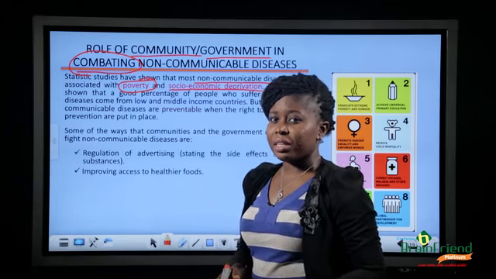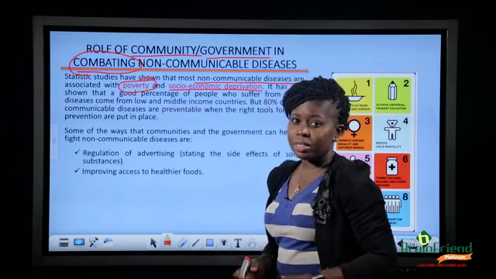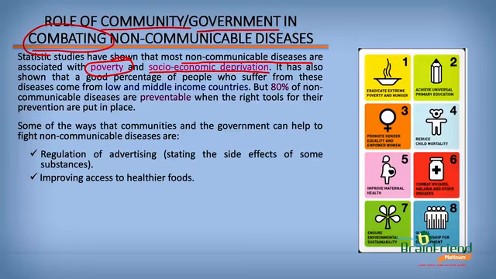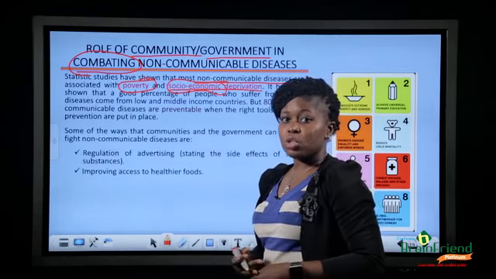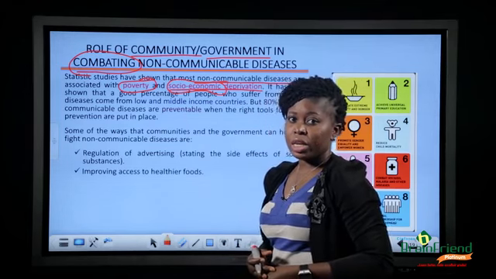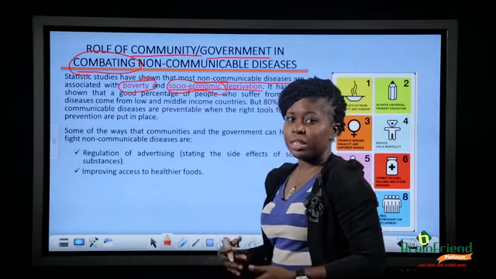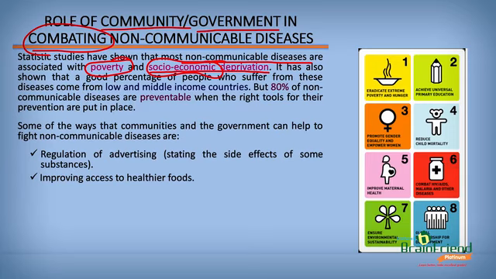NCDs are more prevalent in countries or regions that have high rates of poverty, where people's socioeconomic rights and privileges have been deprived, where people cannot afford to eat the necessary healthy meals or have conditions necessary for them to engage in healthy practices.